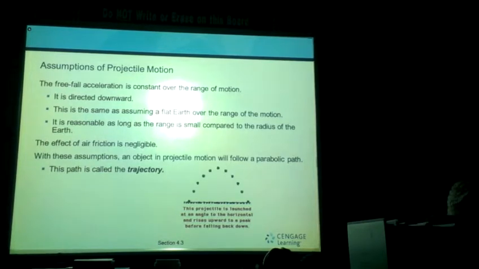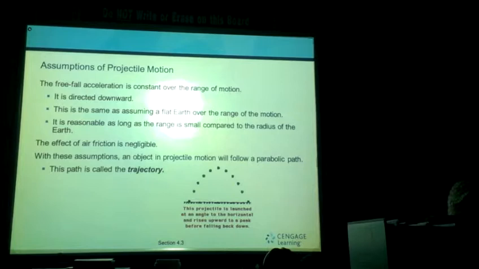It says this is the same as assuming a flat Earth over the range of motion. So that means that if I have an object that I throw over the ground, I know that in a real picture our Earth is not this nice flat area of space.